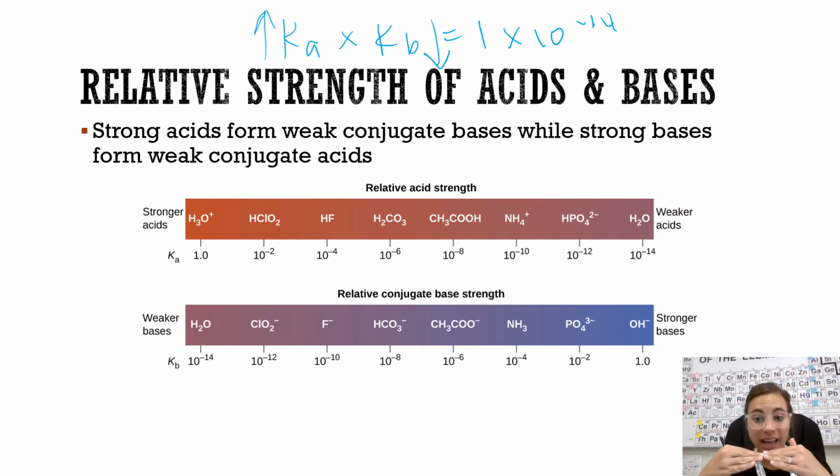Because when I multiply them together, they have to equal 1 times 10 to the negative 14. So the bigger my Ka, the lower my Kb. The bigger my Kb, the lower my Ka. So what that means is that the stronger the acid, the weaker its conjugate base is. The stronger the base, the weaker its conjugate acid is.